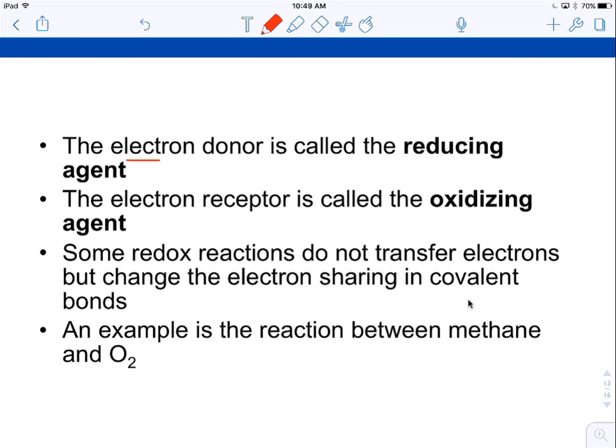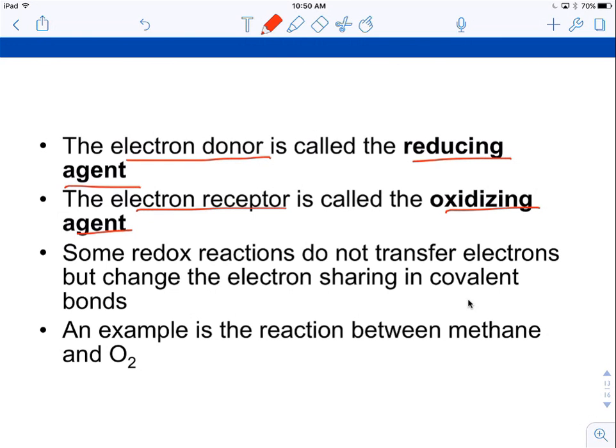So the electron donor, so the one that loses the electron, is the reducing agent because it causes the other compound to be reduced. The electron acceptor is called the oxidizing agent because it takes the electron away from the other compound. Okay.